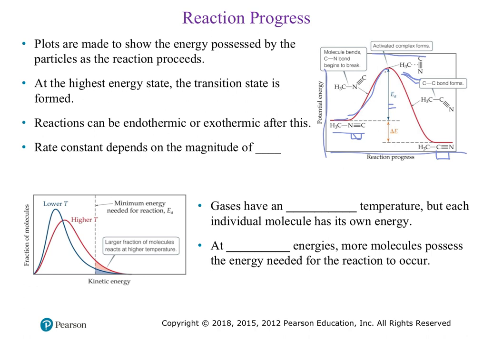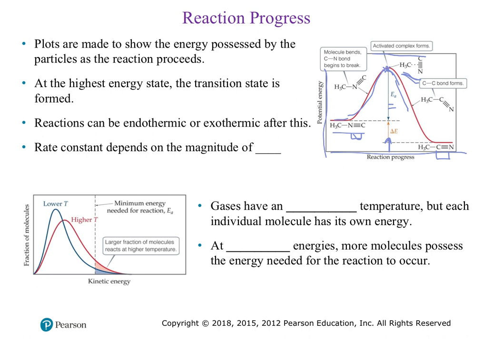Once they have enough energy to cross over the barrier, then they go down in energy and settle at wherever the change in energy of the reaction is. If it's endothermic, it'll end up here. If it's exothermic, it'll end below. Cool. So that helps us to know that this is where our activation energy is and also where our transition state is.